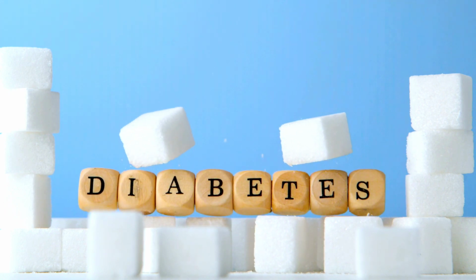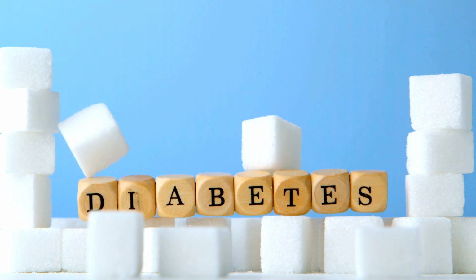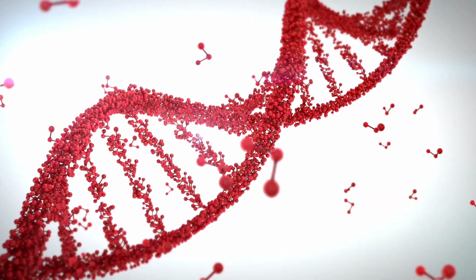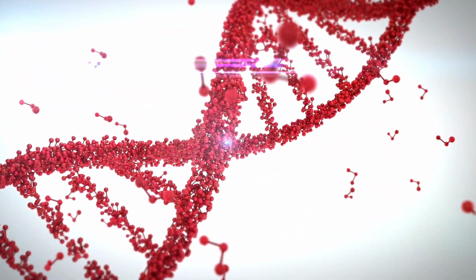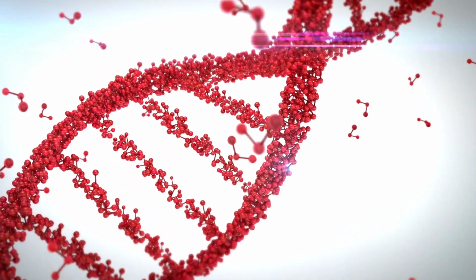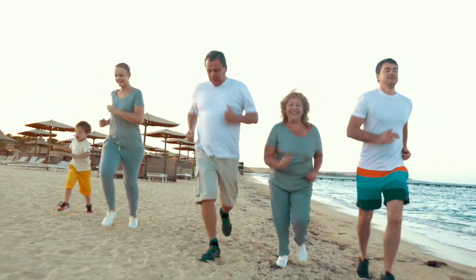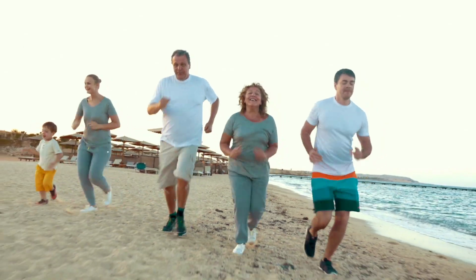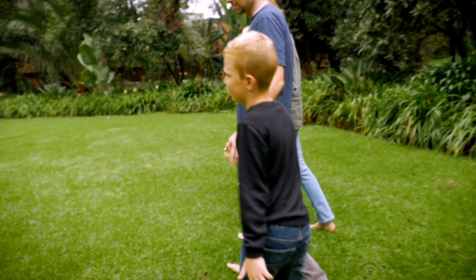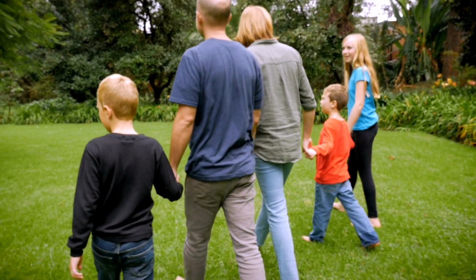Then what are the causes of this diabetes? One is heredity. When it comes to diabetes, it is genetic. This does not mean that everyone must have diabetes. While it is true that diabetes tends to run in families, it does not necessarily mean that everyone born into such families will develop diabetes, nor does it imply that those who do not belong to such families will never have diabetes.